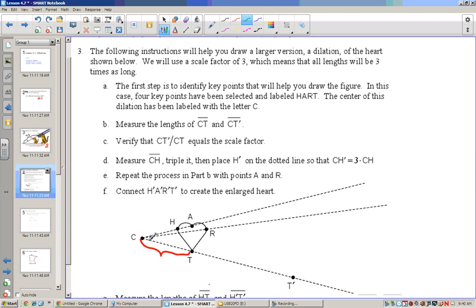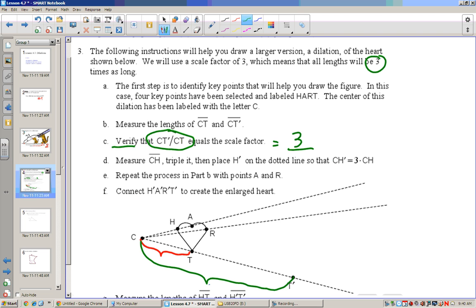Then measure from C to T prime, which is out there. For part C, it says divide those two values and you'll have a scale factor. They say verify, because they tell you up here that it's going to be 3 times as long. So when you divide these two out, it should equal 3.